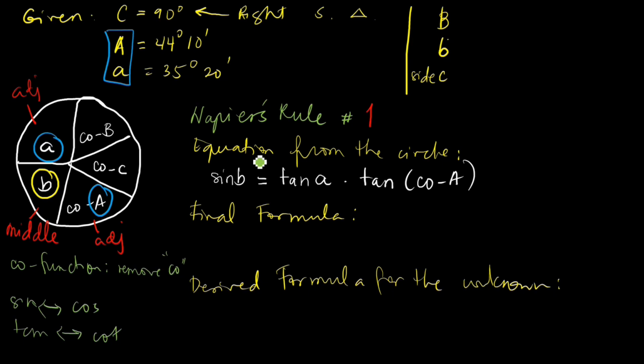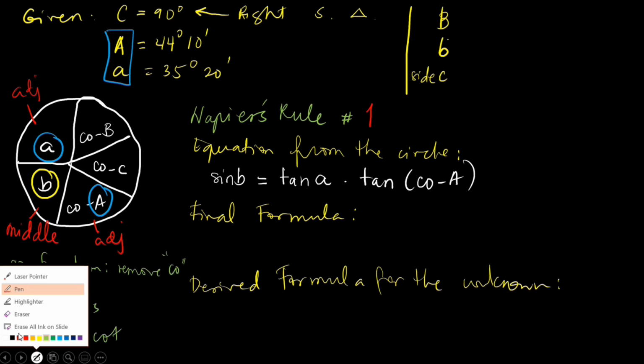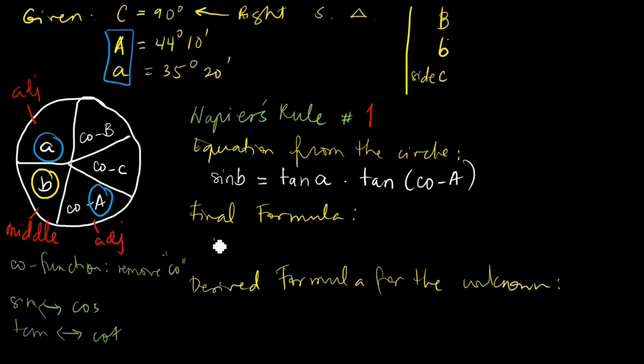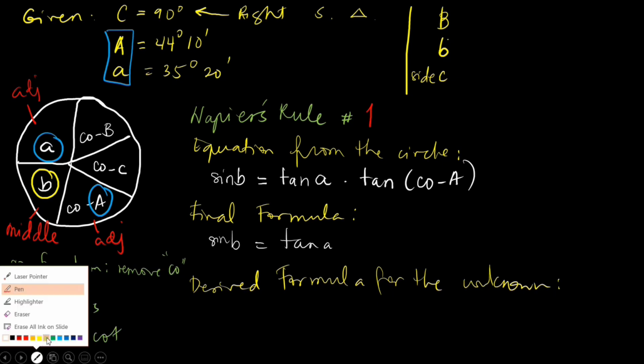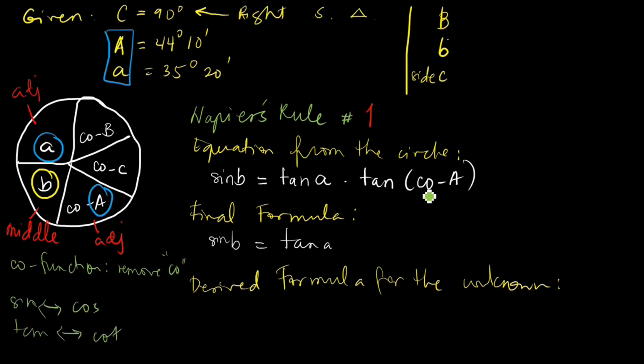As you can see in our equation from the circle, the left side is sine B, so it doesn't have the CO. On the right side, we have tangent of A, which doesn't have the CO also, so we just copy it. Then we have tangent of the complement of A. To remove the CO, we replace tangent with cotangent of angle A. That's it, just copy the part.